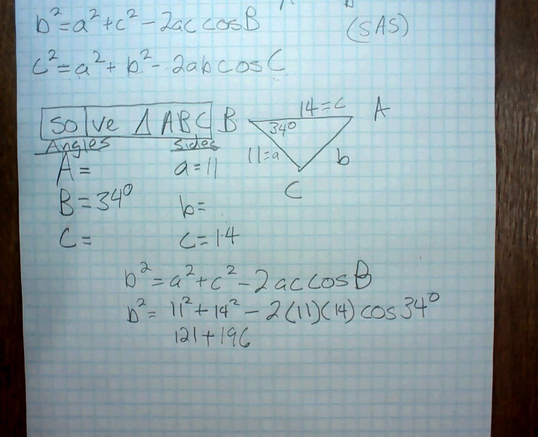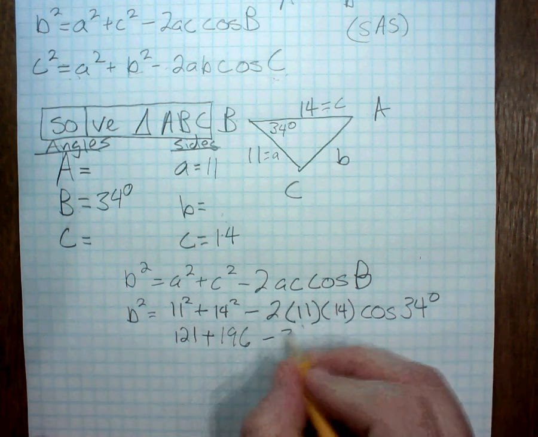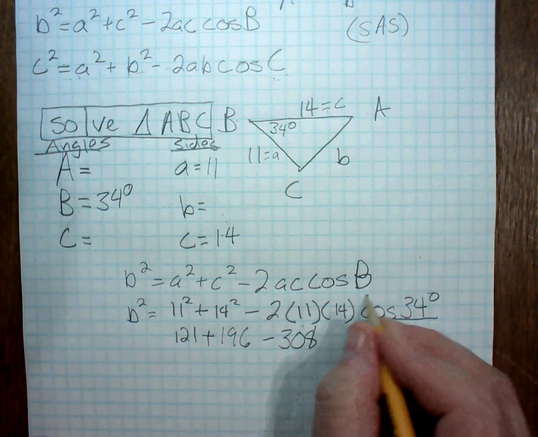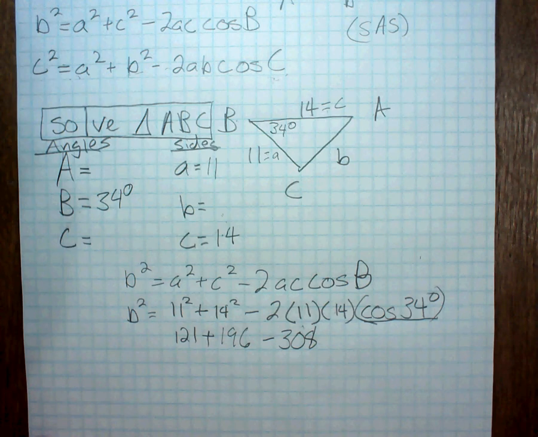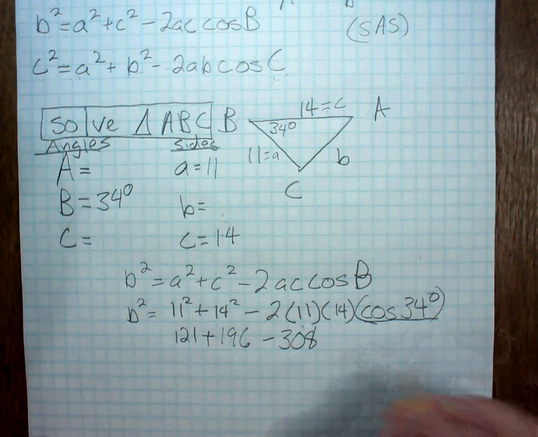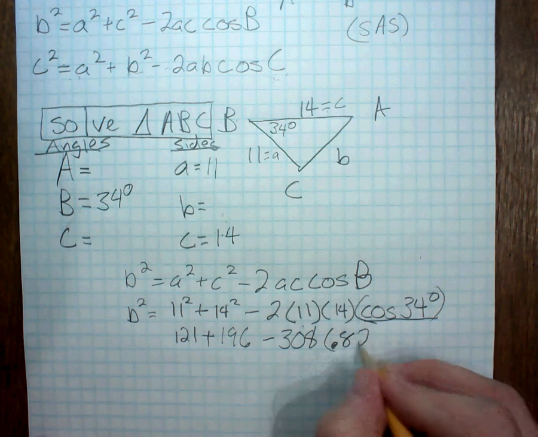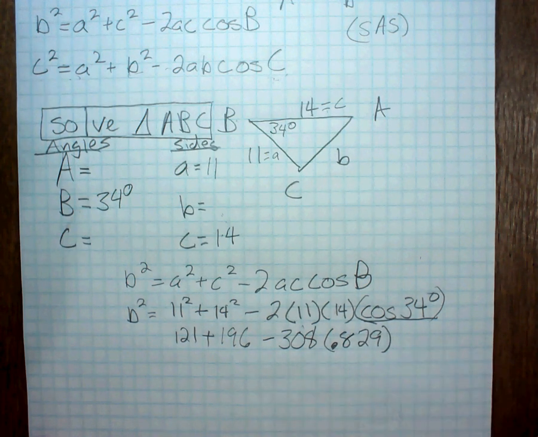And then 2 times 11 is 22. 22 times 14 is 308. So this becomes negative 308 times cosine of 34, which is 0.829. Roughly, I'm rounding at the 4th decimal place.